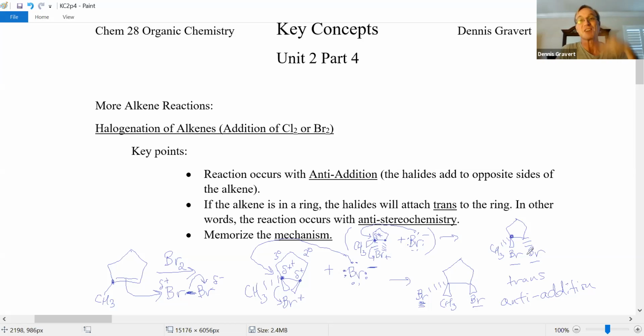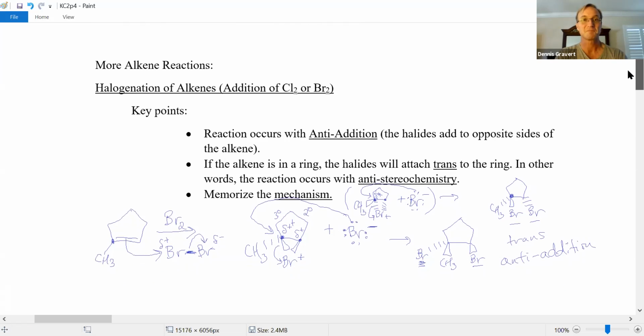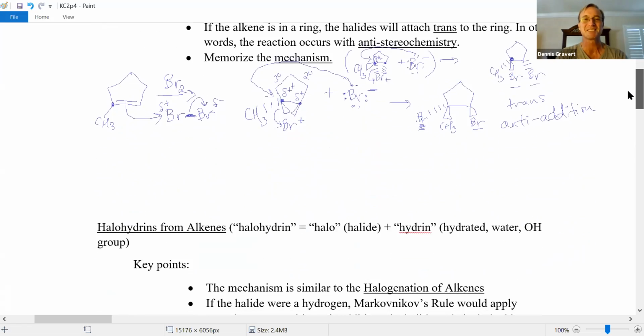The identical groups are opposite. That's what's anti, and we had an addition reaction. That was a quick little review. I don't know how quick it was, but it was important because everything we did here, piecewise, is going to show up in today's additional reactions. Okay, enough of the review. Let's move on with the new stuff.